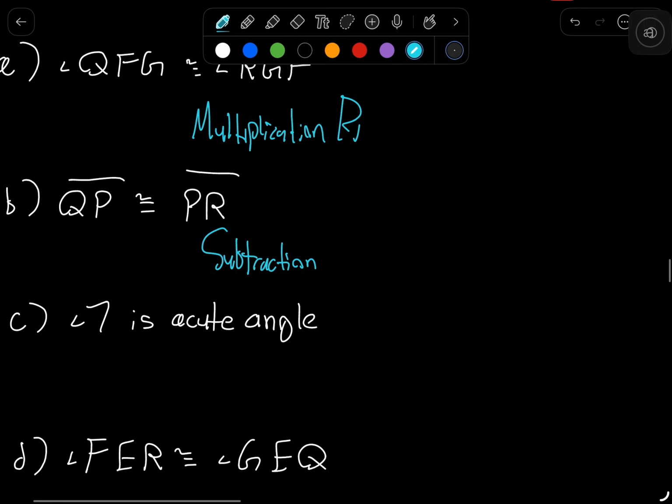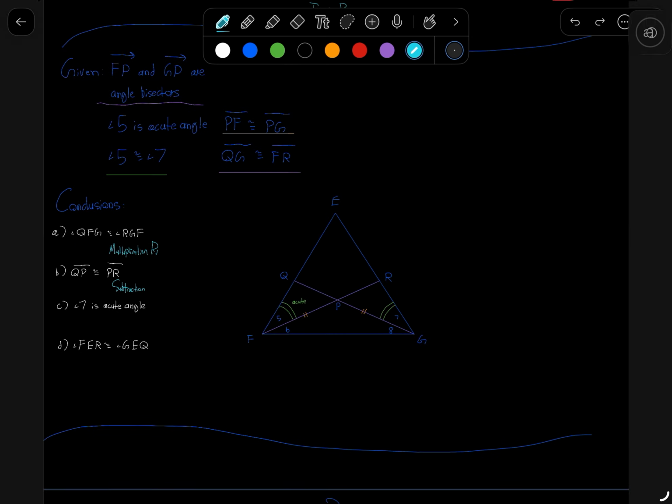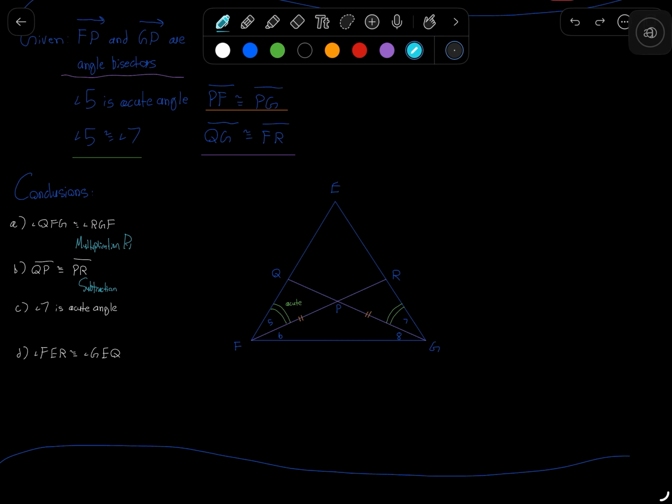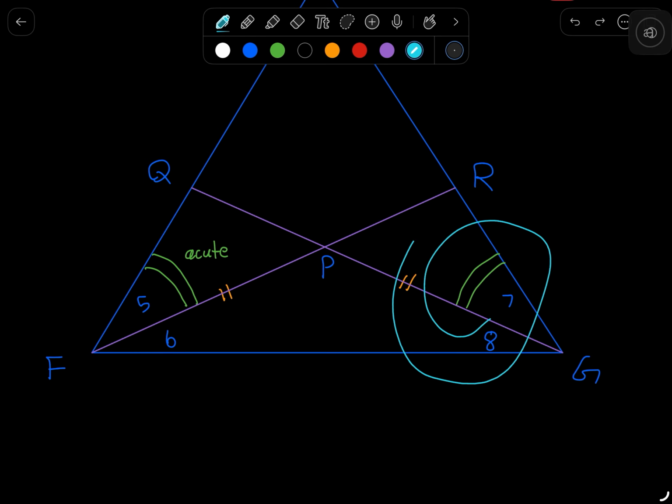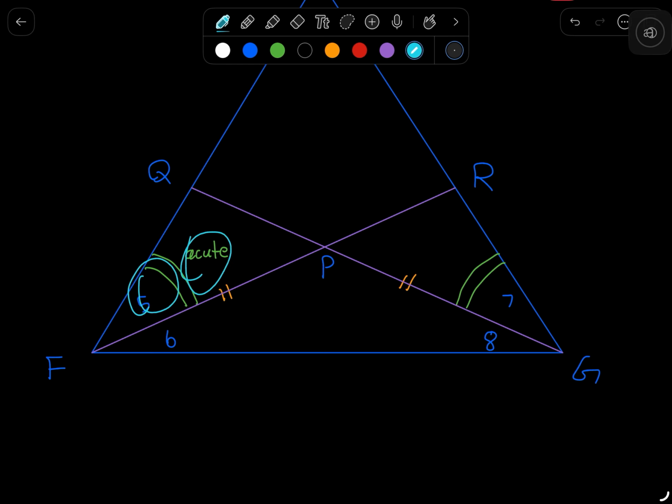Next up, we're trying to prove that angle 7 is an acute angle. Well, of course, it might look like angle 7 is acute, but again, don't make that assumption. What do we know? We know angle 5 is acute, and we know that angle 5 is equal to angle 7. Well, to me, that screams one specific property.